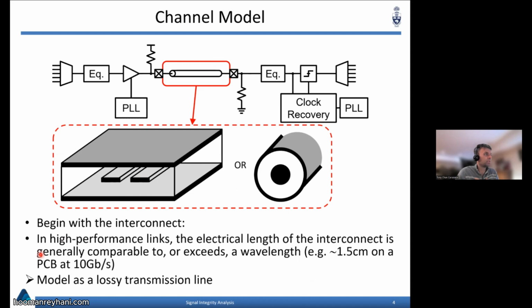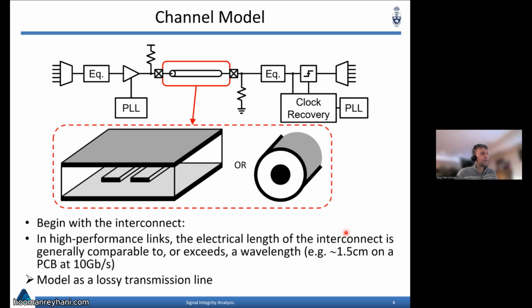For example, if you consider a printed circuit board trace on typical materials, for example FR4 boards have a relative dielectric constant of around 4, which means that the propagation of waves through transmission lines designed on printed circuit boards is usually at about half the speed of light. Just for reference, if you're talking about a 10 gigabit per second signal, then a wavelength is on the order of only 1.5 centimeters.